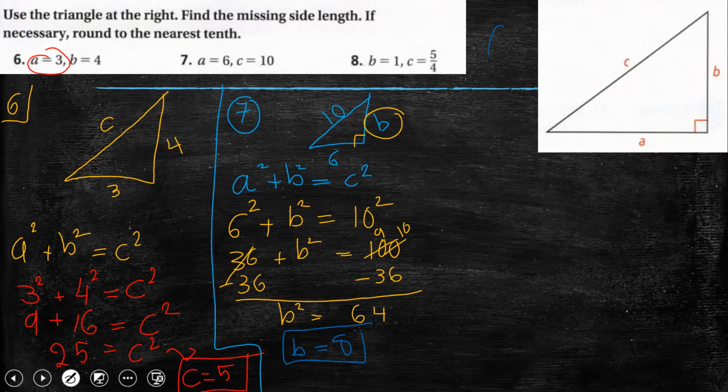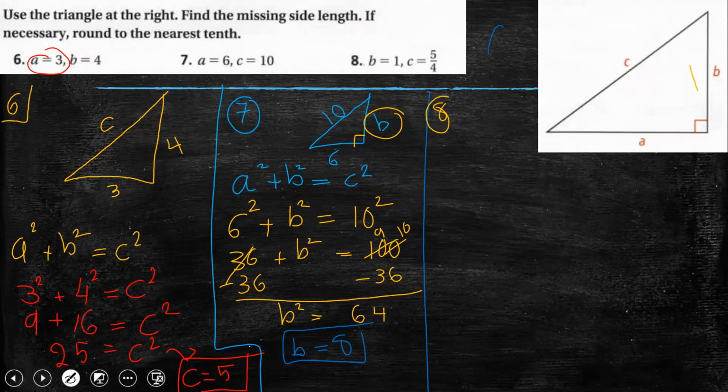Let's go now to the last one. In number 8 here, B is 1, C is 5 over 4.